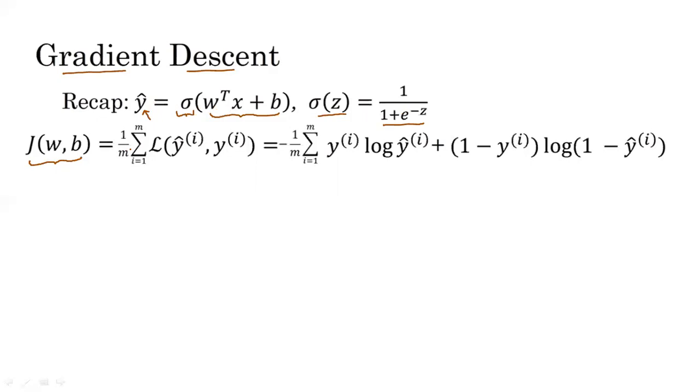By average we mean that we write 1 upon m over all the training examples, starting from the first training example, that is from i equal to 1, and going up to i equal to m, because there are a total of m training examples given to us here.